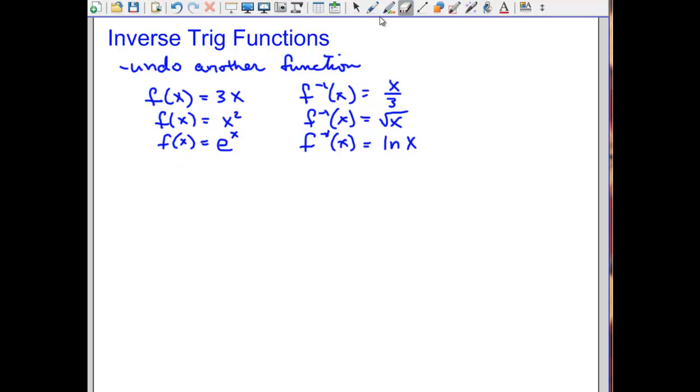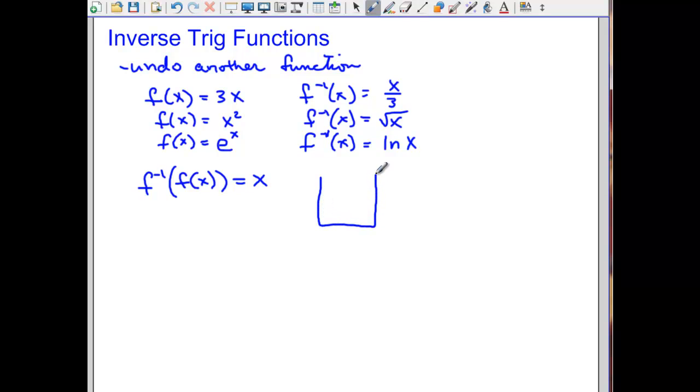You may also remember from earlier in the year when we talked about function notation that if we take the inverse function of a function, if those two functions are inverses, we get x, meaning it undoes the function. Pictorially, remember when we talked about functions, they're like machines.